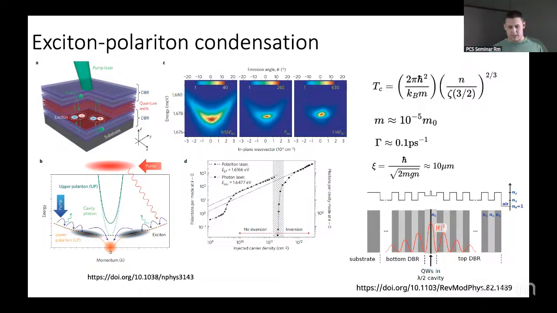The usual effective mass of a polariton in a condensate is about 5 orders of magnitude smaller than the mass of a free electron, and the usual lifetime of these quasi-particles is about 10 picoseconds. The typical healing length of this condensate in our simulations was about 10 microns.